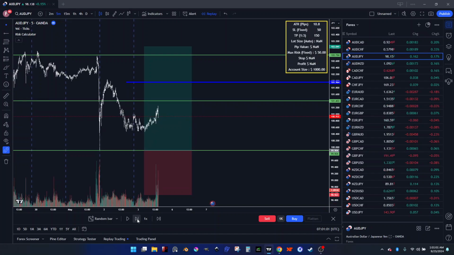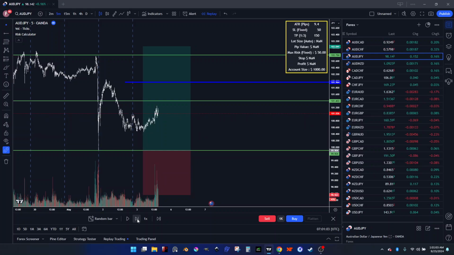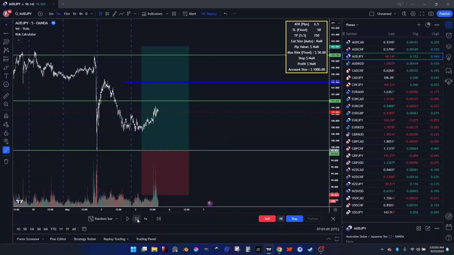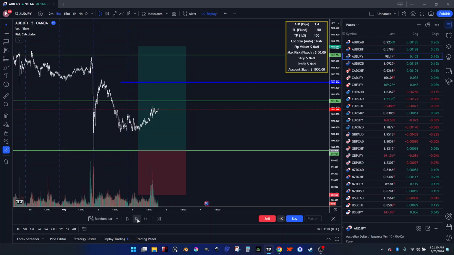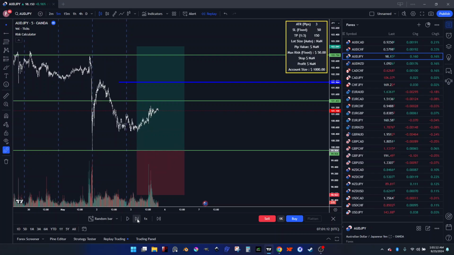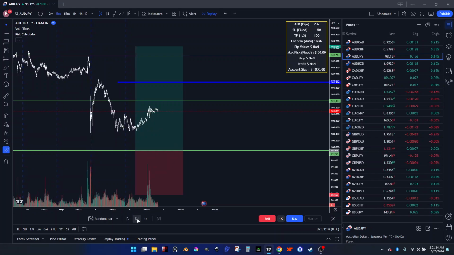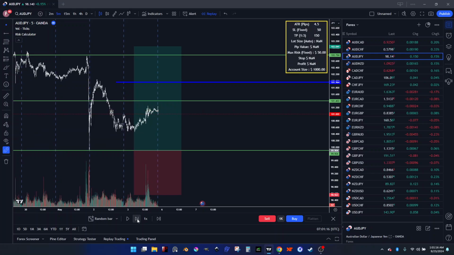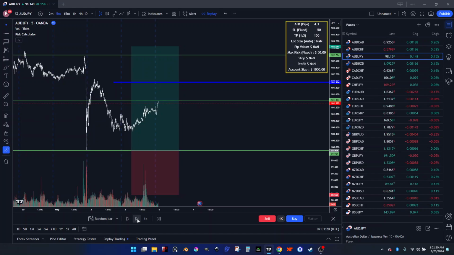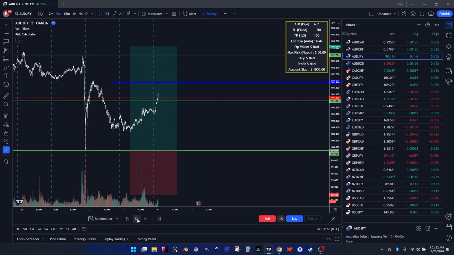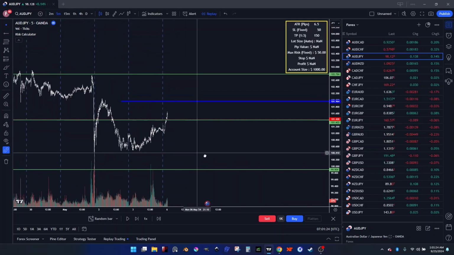It does look like we're starting to come up and drift up. Sometimes it's useful to set alerts, especially if you're trading pairs where the levels are a little bit wider apart. This is the AUD JPY, Australian dollar, Japanese yen. So yes, it looks like it's moving up, so we're going with our plan B.